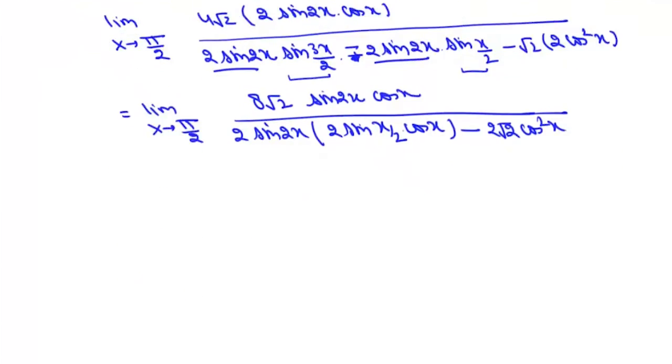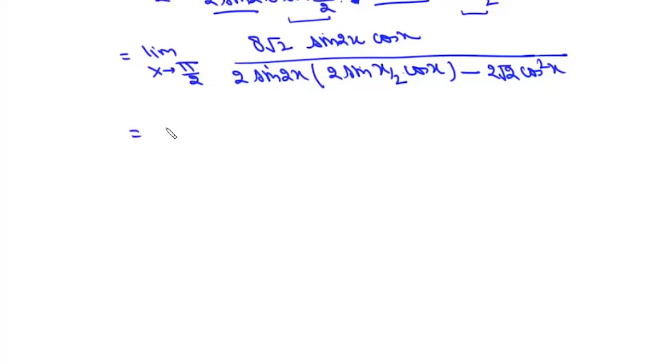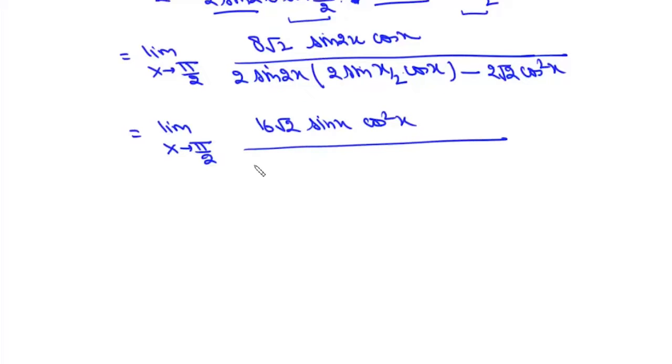So now we'll write this limit as limit x tends to pi by 2, 16 root 2 sine x into cos square x, and here it will be 8 sine x into sine x by 2 into cos square x minus 2 root 2 cos square x.